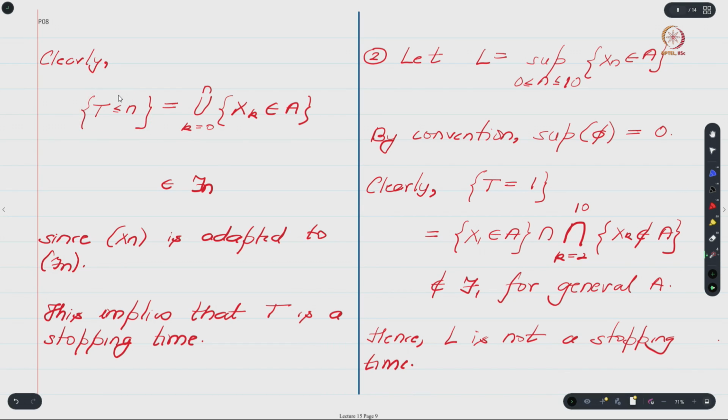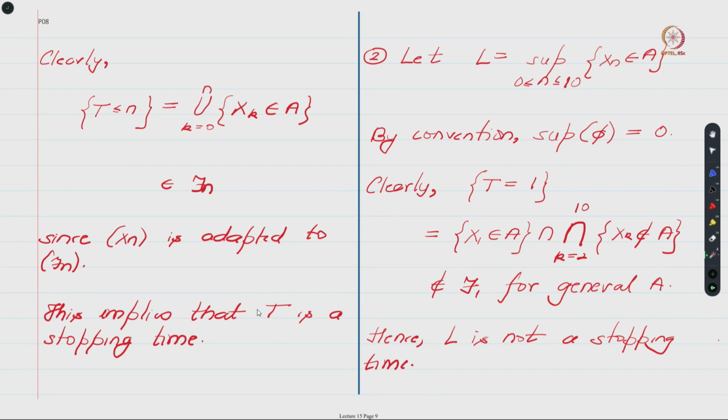Because you can express it in this fashion, and we know that your X_n process is adapted, in particular {X_k belongs to A} must belong to F_k, and F_k is a subset of F_n, hence every event here belongs to F_n, and hence their union must also belong to F_n. This lets us conclude that it belongs to F_n for all n, and we can finally conclude that T is a stopping time.